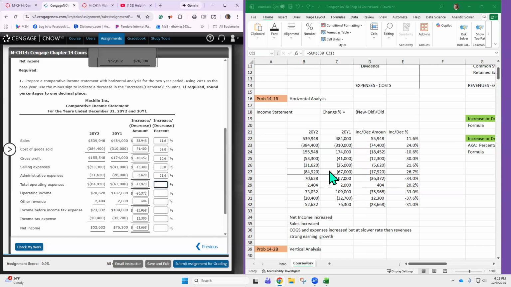So one more time, for the percentage you simply take the number you got for the increase or the decrease and you divide once again by the oldest number to see what that percentage change is.